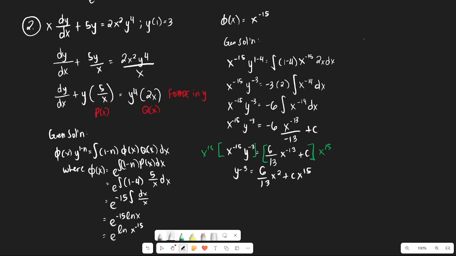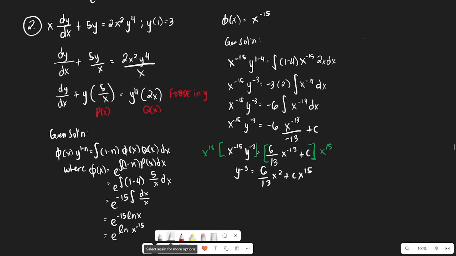Now this is actually fine as your answer. You can have this as your answer already, but if you want to, you can multiply both sides by y raised to positive 3, or multiply both sides by y raised to 4. That's also an option. Okay, so now let's try to solve for c. That's the next step, since we are given an initial condition.